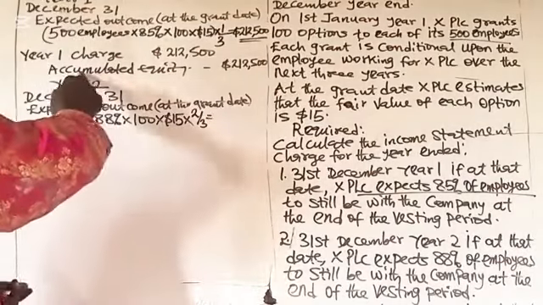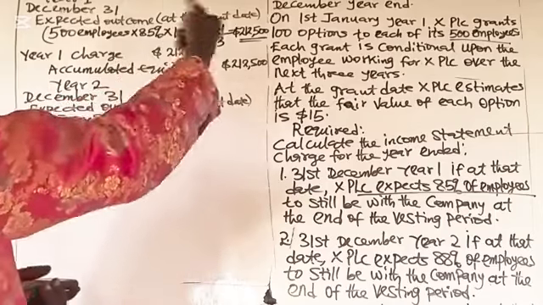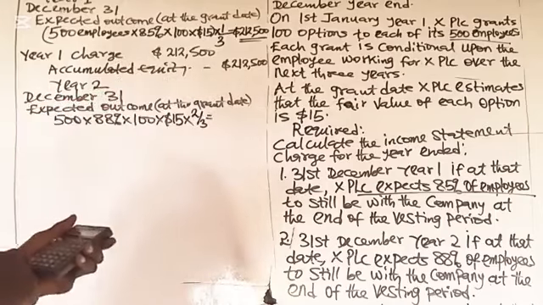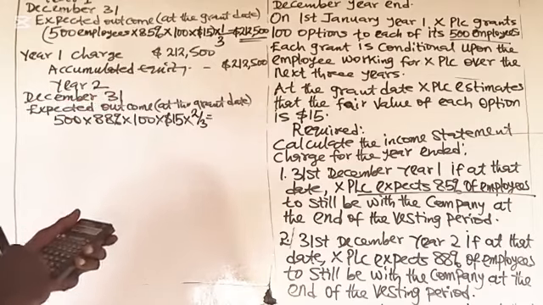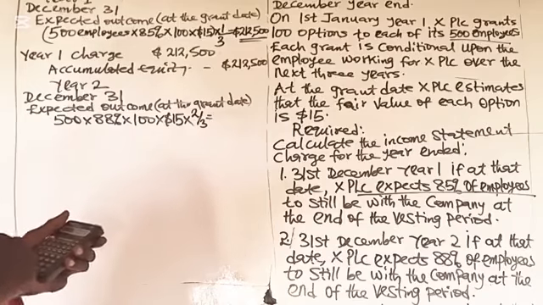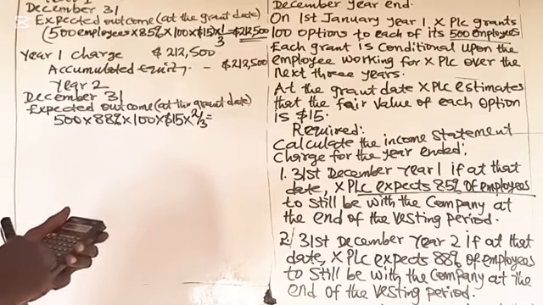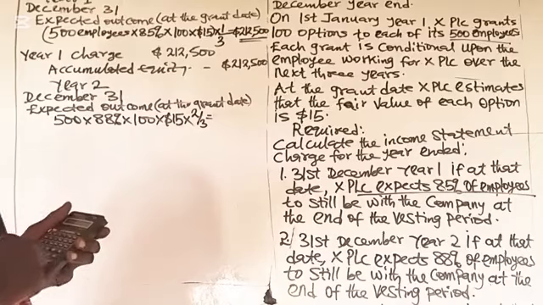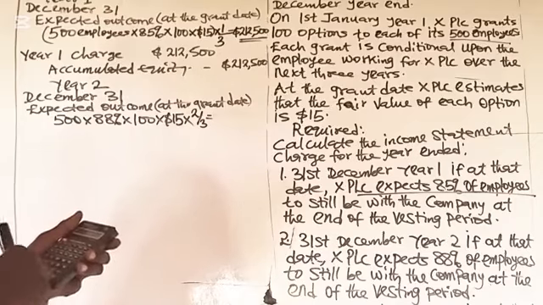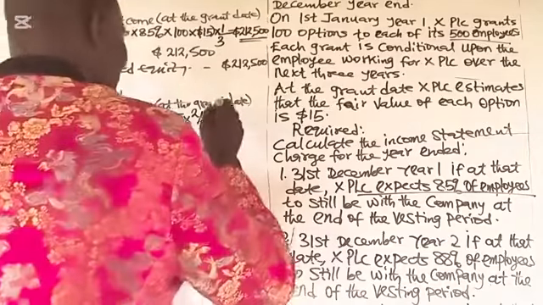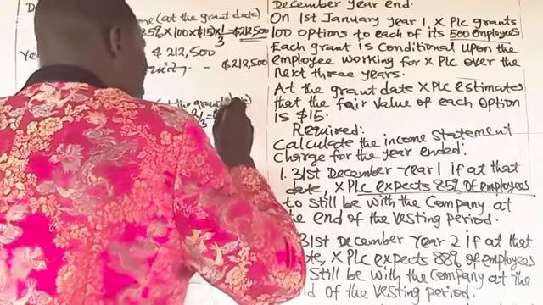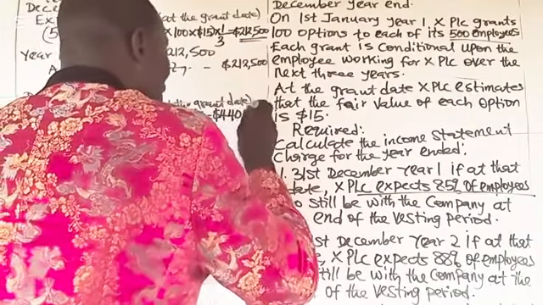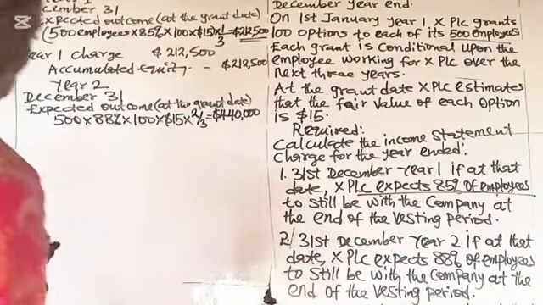I've told you that it is the accumulated amount that will appear as an equity for the period. So you have 500 times 88%, that gives us 440, times 100 times the market price of 15, then times 2 divided by 3. That gives us 440,000. This 440,000 is the accumulated amount.